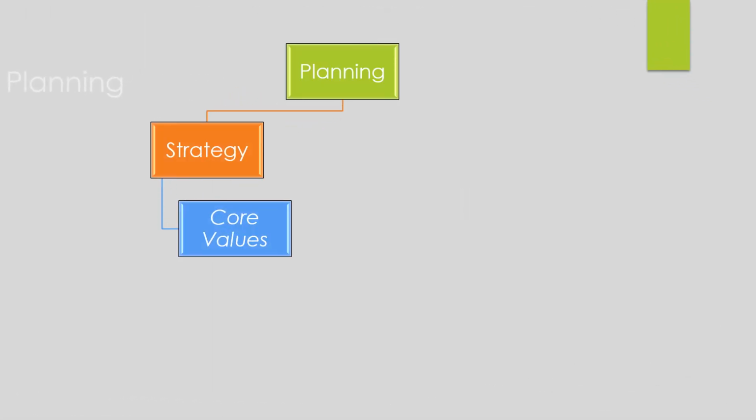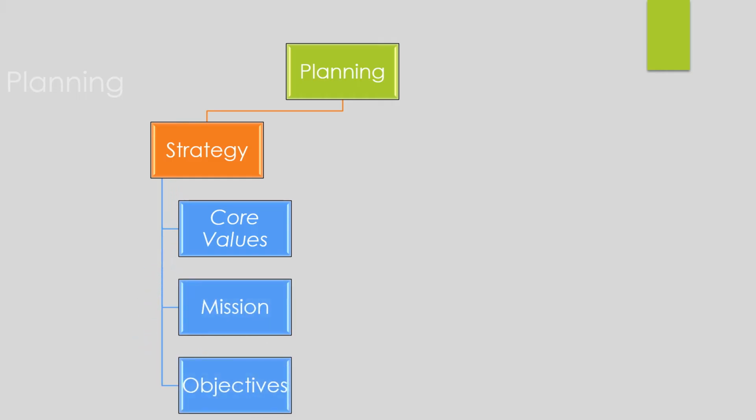Strategy is a plan of action designed to achieve a long-term goal. It can be divided into core values, which are the fundamental beliefs and principles that drive the organization. They are applicable to every person within your organization. They can be fair pay, human dignity, ethics, employment promotions or compensation, quality, customer service, environmental awareness, and so forth.